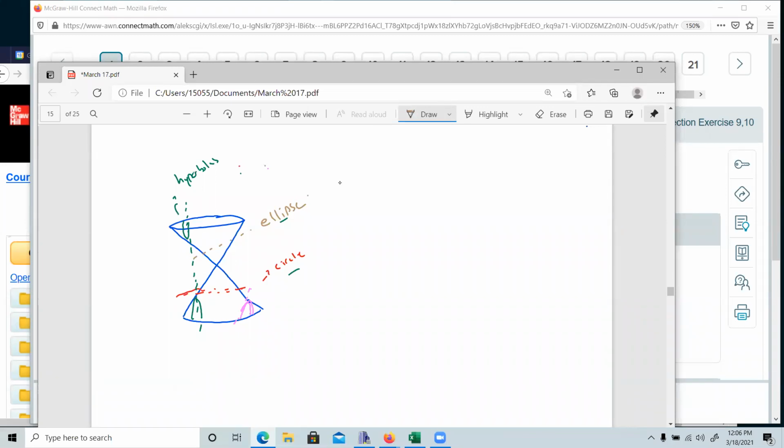But the idea here is, if we have two points here, these are called the foci. The way that we have an ellipse is you're going to tack down a string to each of these points, pull it and attach it to a pencil, and then trace out the maximum distance away that you can.